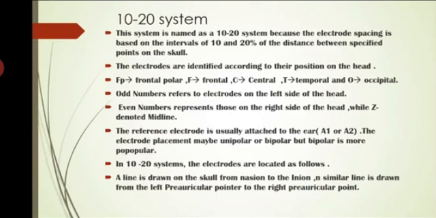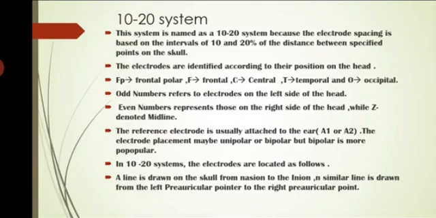Odd numbers refer to the electrodes on the left side of the head. Even numbers represent those on the right side of the head, while Z denotes midline. The reference electrode is usually attached to the ear, A1 and A2. The electrode placement may be unipolar or bipolar, but usually bipolar is more popular.